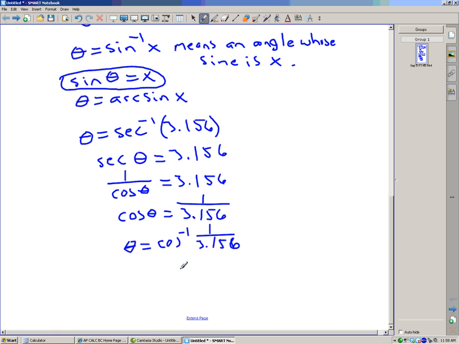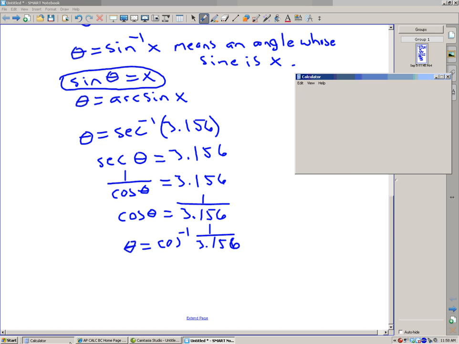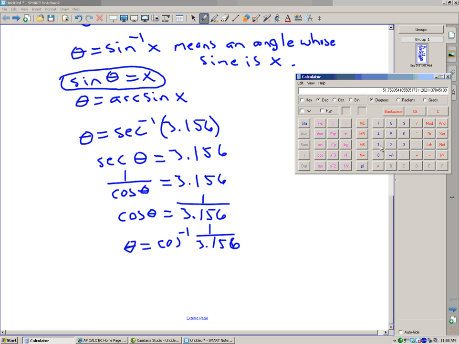Alright, so now let's get back to our little calculator here. You're just going to press second cosine of that, and I'm going to type in 1 divided by 3.156, and do inverse cosine of that.